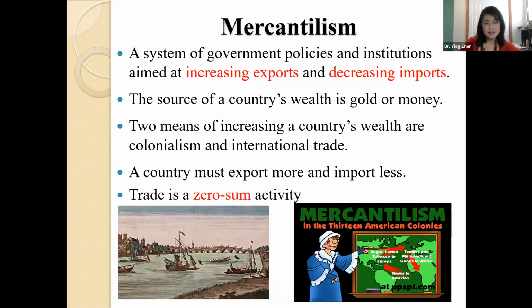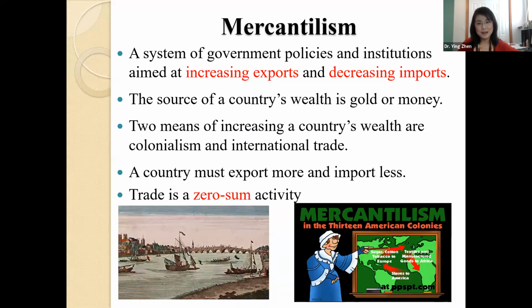The idea is very, very straightforward, because mercantilists believe that accumulation of gold and silver would improve the well-being of an economy. Therefore, exports are viewed as good, while imports are viewed as bad.